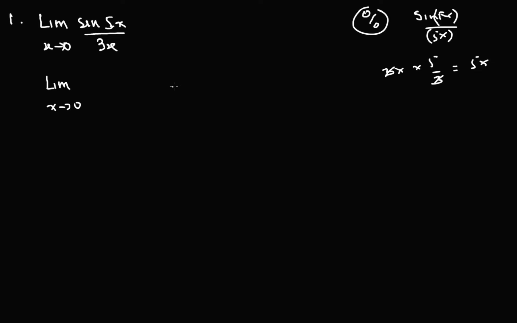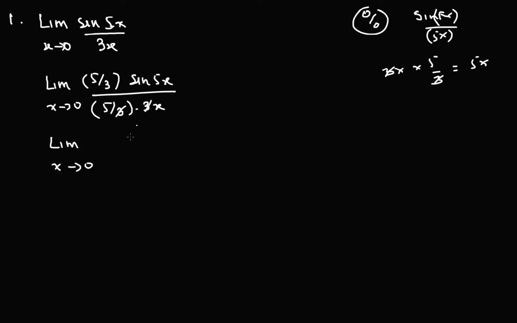So here I can do 5 over 3, then I maintain my sine 5x, then I divide by 5 over 3, then I multiply by 3x. So I can go with my limit as x approaches 0. This and this can go, and then this remains. So this can now become 5 over 3, like that.